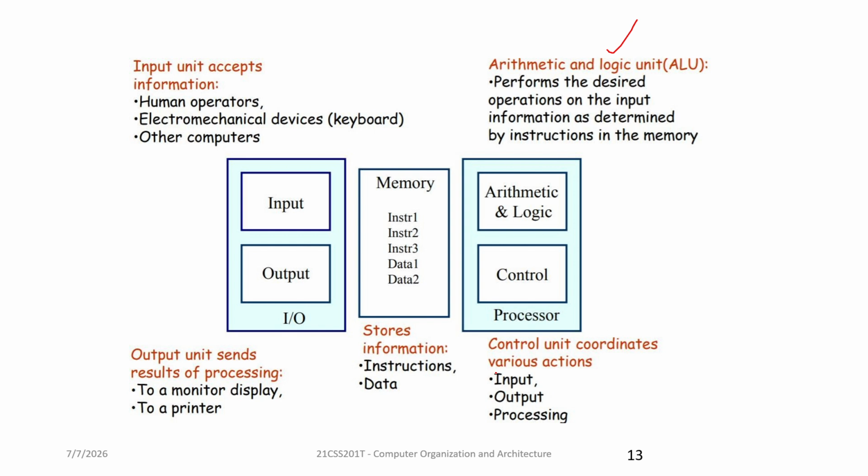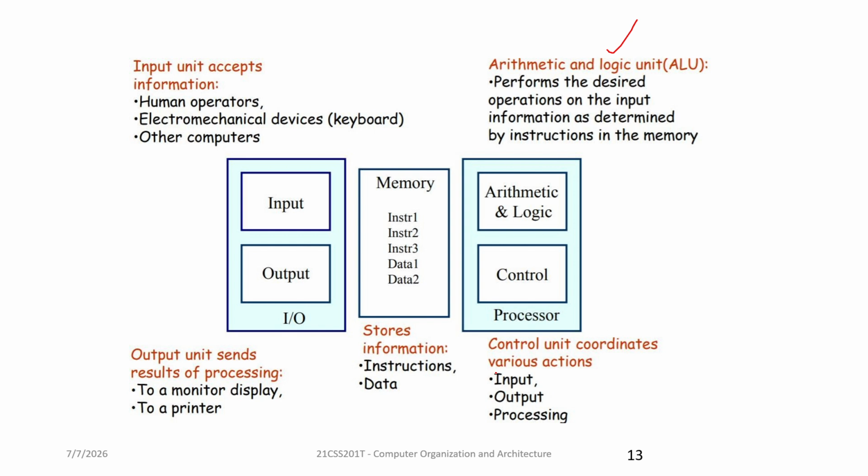Whenever we are going to execute a program, the program needs to be brought from secondary memory into main memory for execution. In cache memory, 2 types of instructions are stored. One is most frequently needed instructions and the other is recently executed instructions. Those instructions are stored in the cache memory.